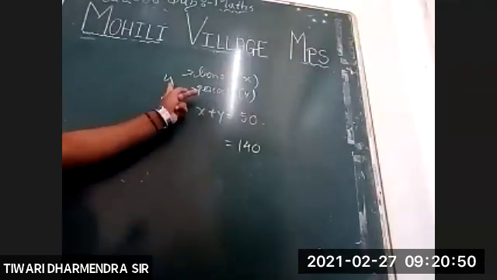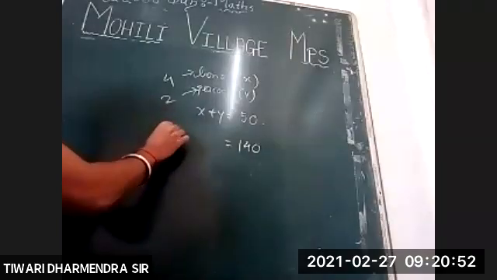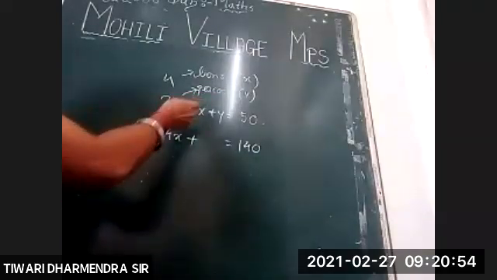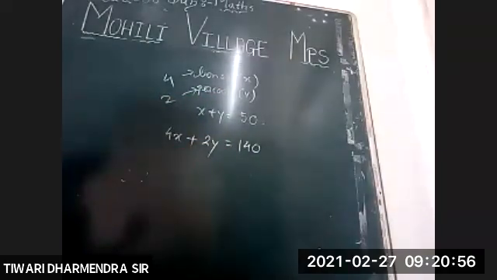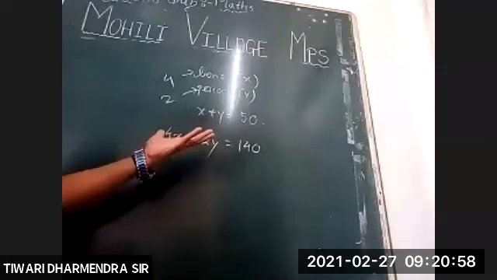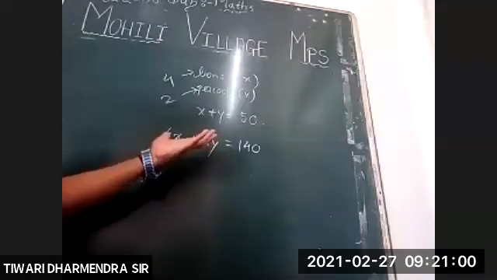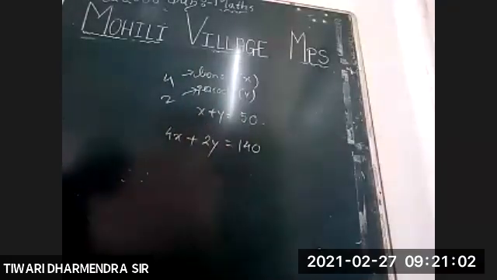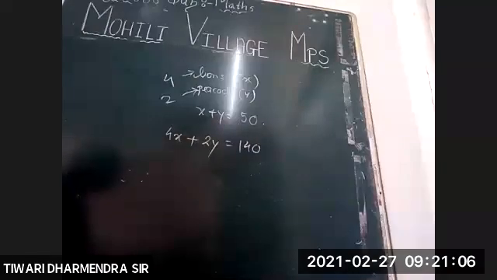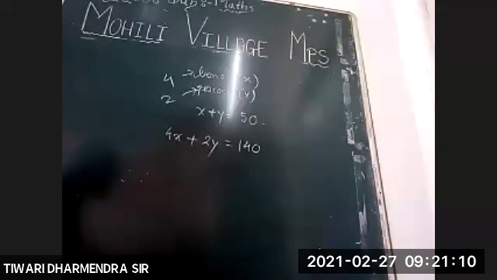So X will take a multiple of 4, so 4x, plus the peacock will take a multiple of 2, so 2y. Including the legs of these two, lions and peacocks, we should get the answer 140.